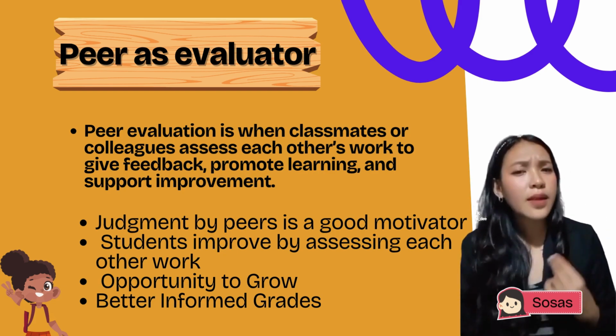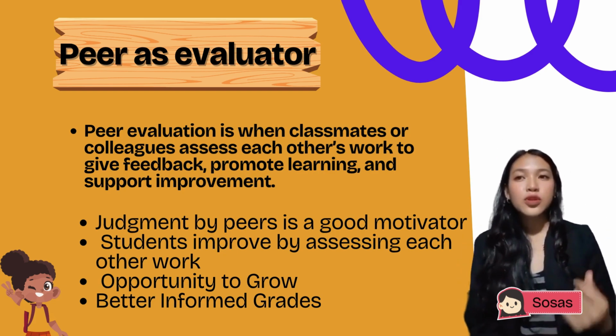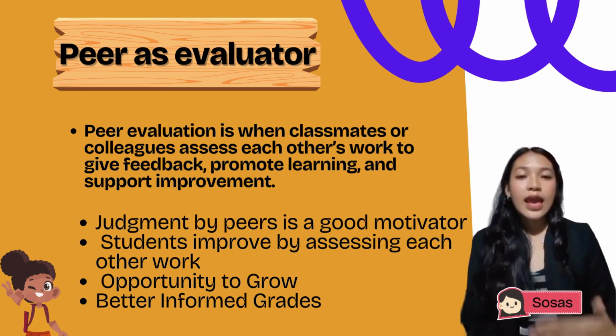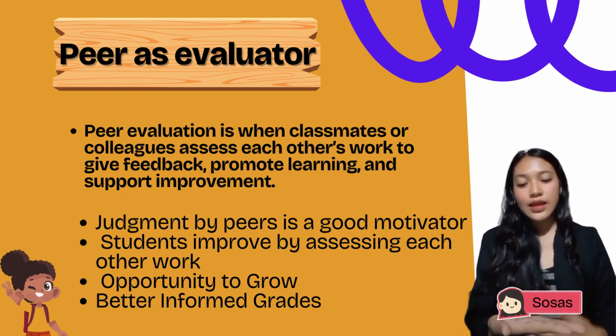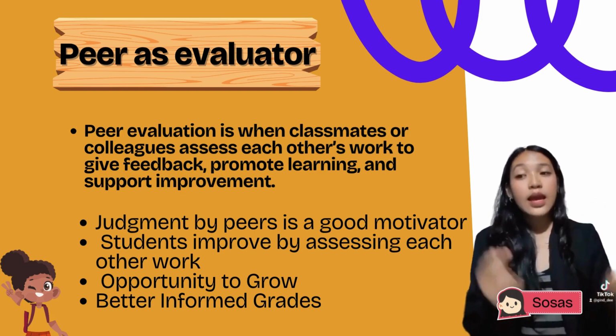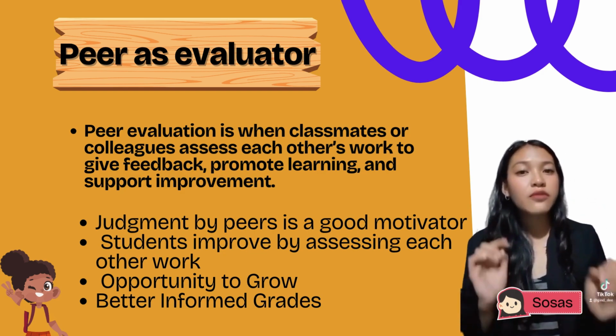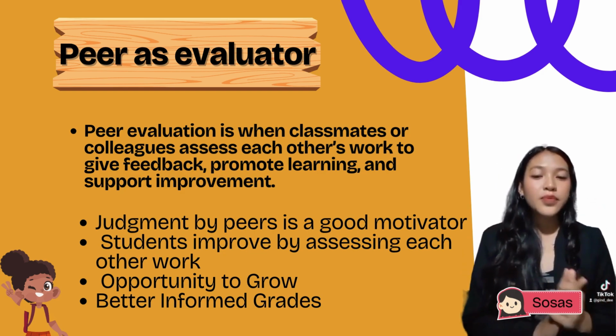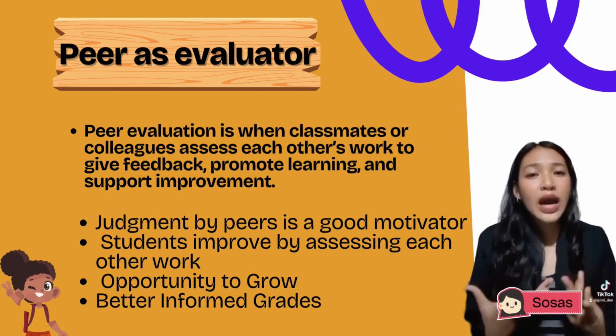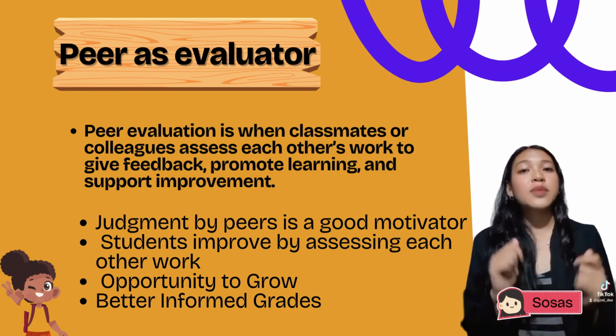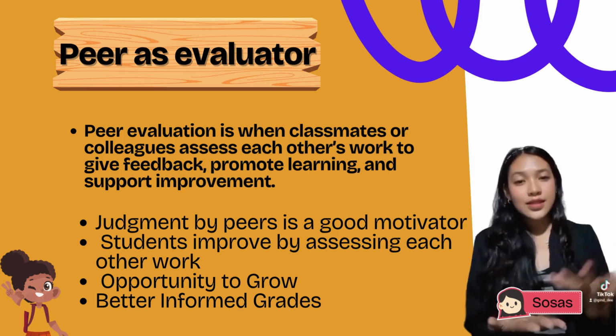Because at some point, for example, you are done with your essay and you are reviewing your own essay, you didn't notice that you have mistakes. That is why you passed it. But after that, your classmate reviewed your essay.